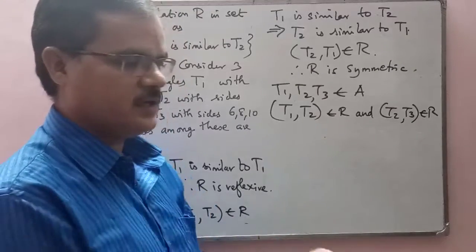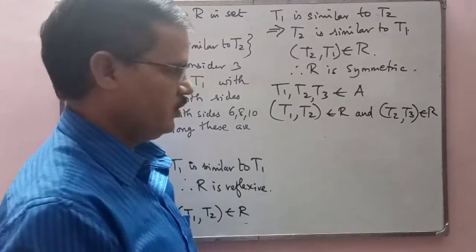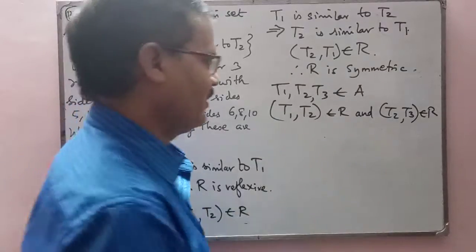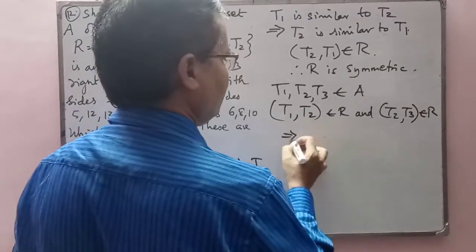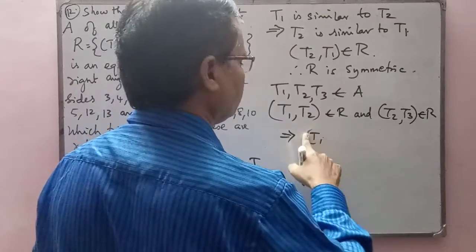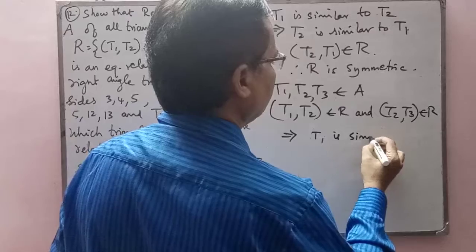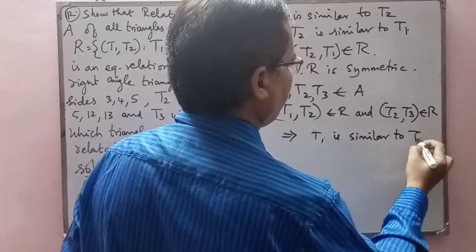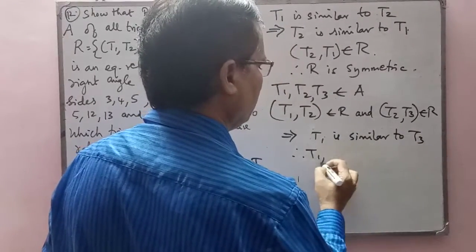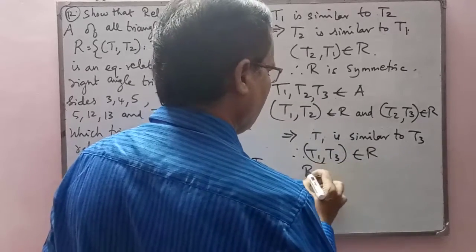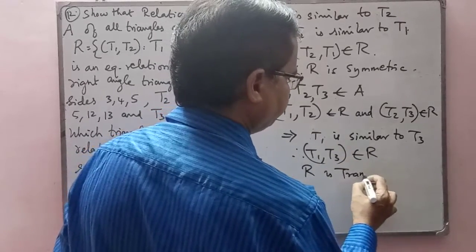Now I take the second triangle and third triangle, and they are matching. Which means the first triangle and third triangle will also match, which means they are similar. Therefore, the first statement you will write is T1 is similar to T3. Therefore, (T1, T3) also will be in R, which proves that R is transitive.